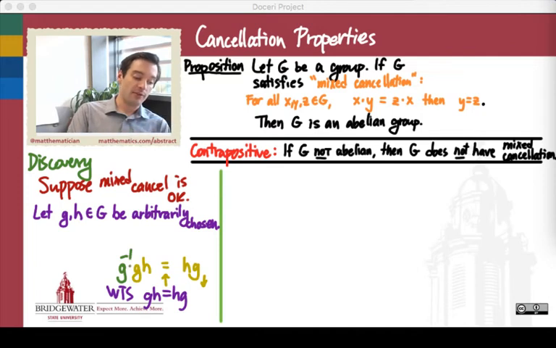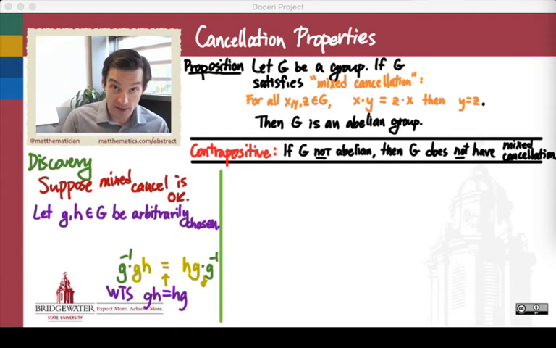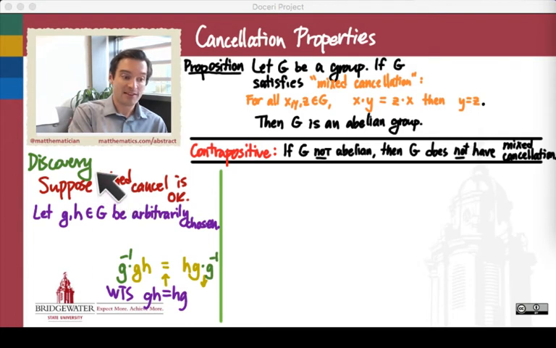So if I put a G inverse on the left side, on the expression on the left, and then also on the right side of the expression on the right, that's normally a verboten thing to do. Normally I don't get away with doing that, right? But in this example I do, because we're assuming that mixed cancellation is okay.